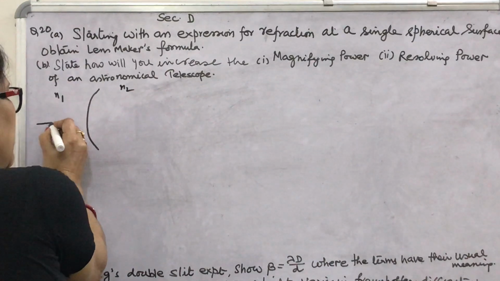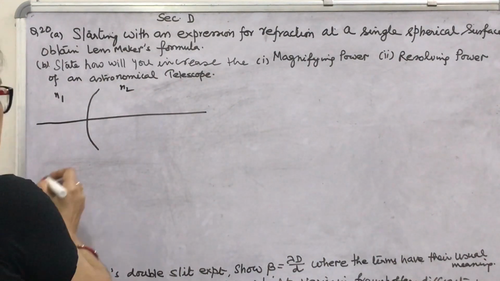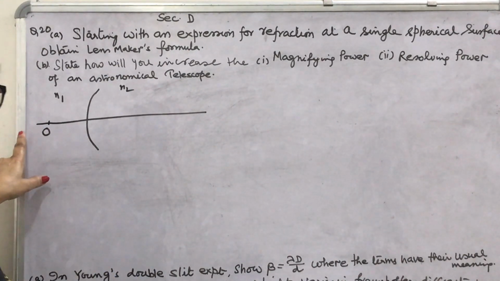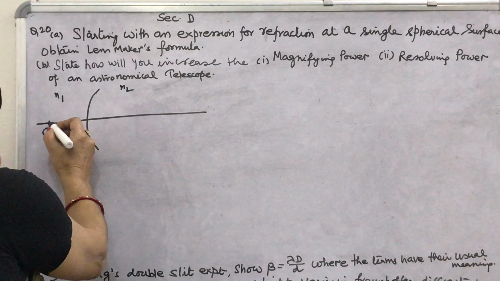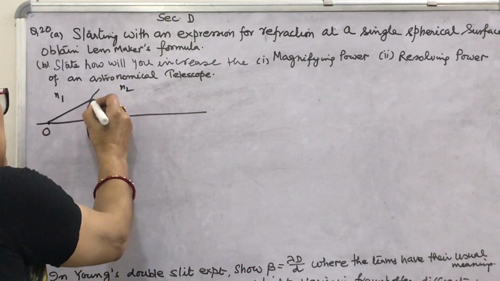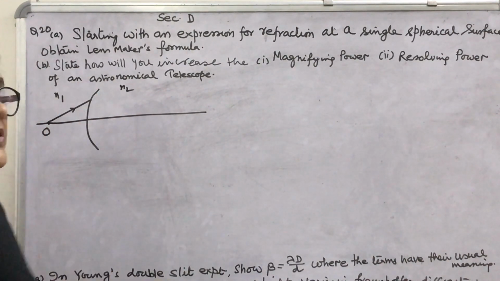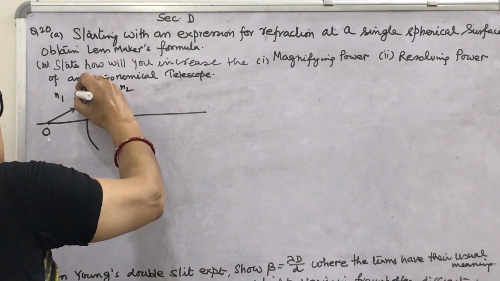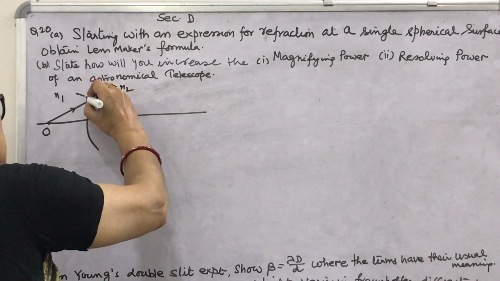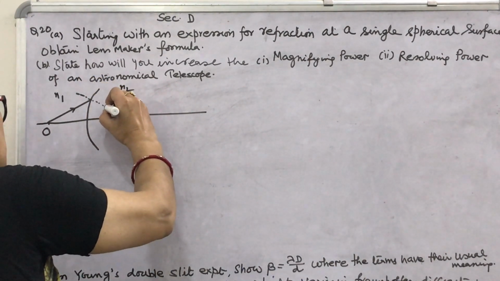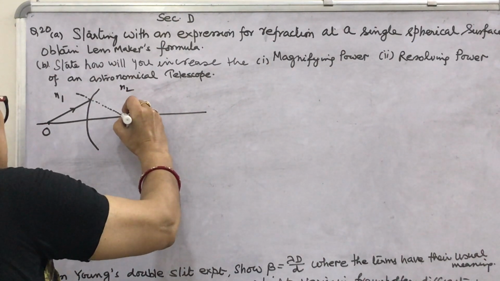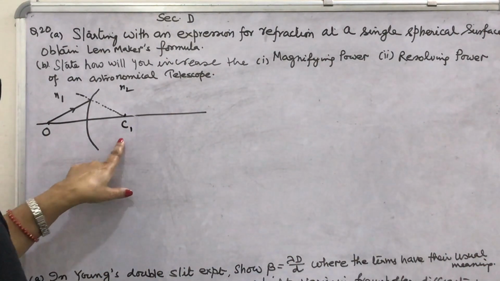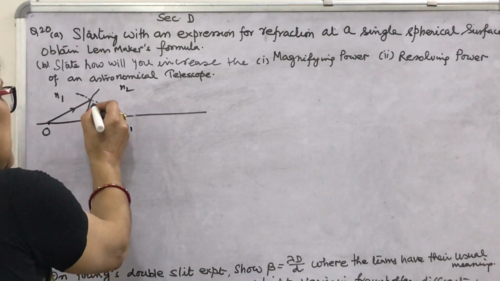For a single surface, a point object is placed at point O, and the ray is incident at this surface. If you draw a normal, that is the line joining the center of curvature of this surface and the point of incidence, this is the center of curvature C1 for the first surface, then this will be the normal.